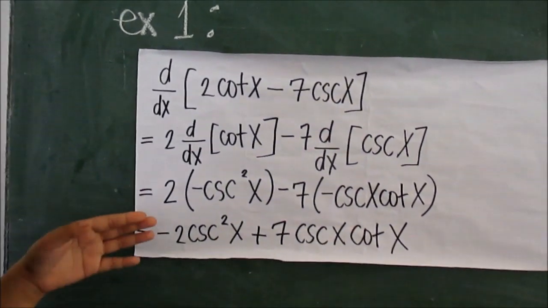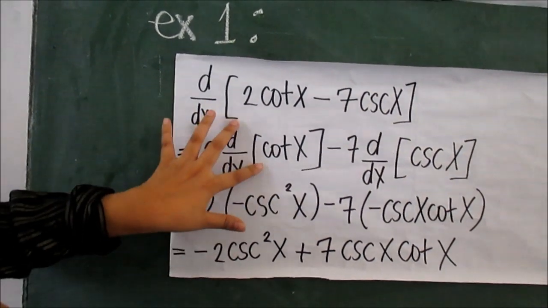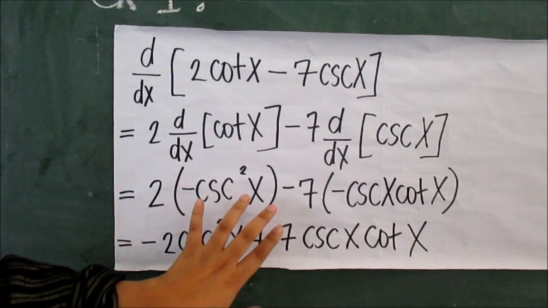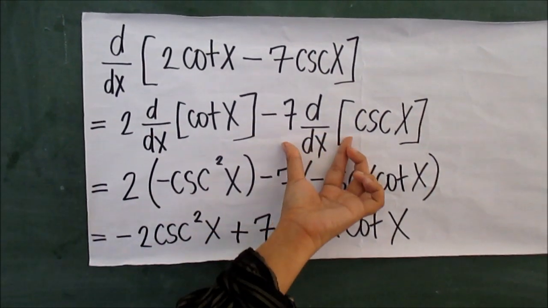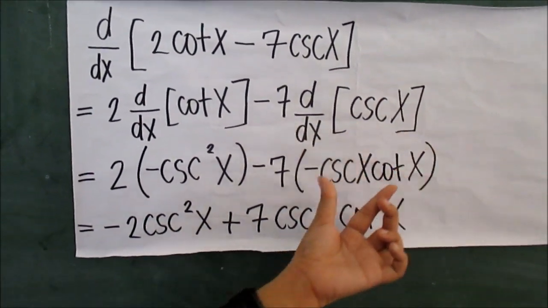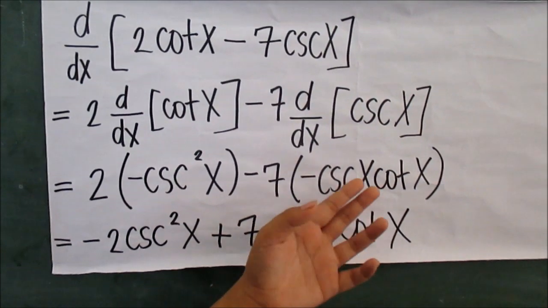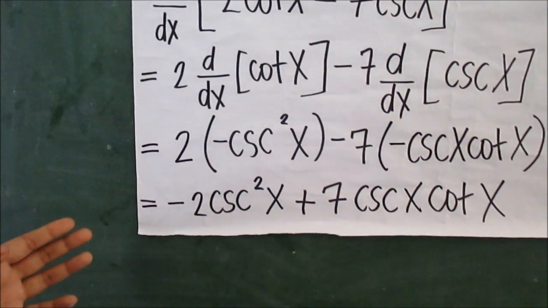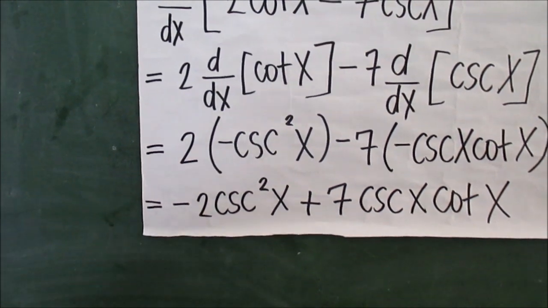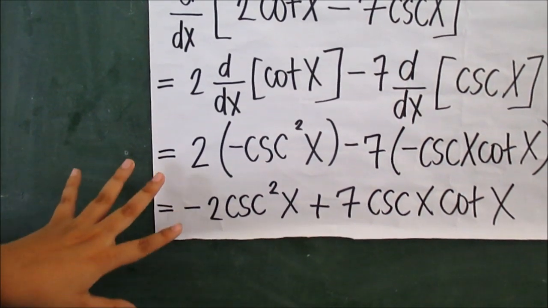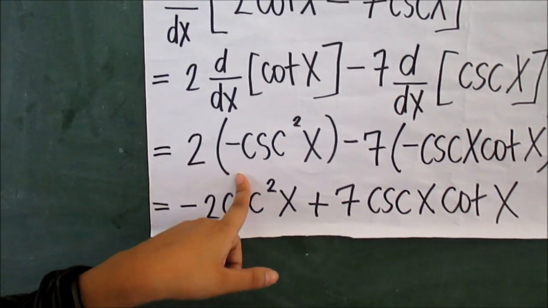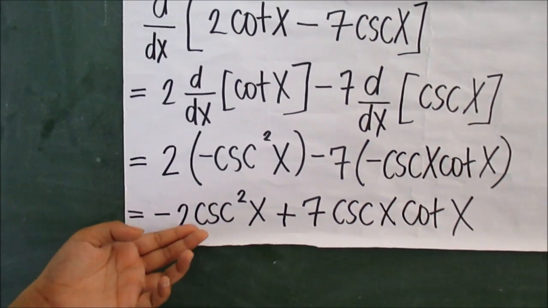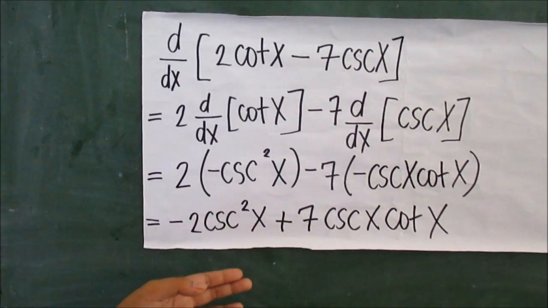So, 2 times the derivative of cotangent x is equal to negative cosecant squared x, minus 7 times the derivative of cosecant x, which is equals to negative cosecant x cotangent x. And then, let us distribute. We have 2 times the negative cosecant squared x is equals to negative 2 cosecant squared x.